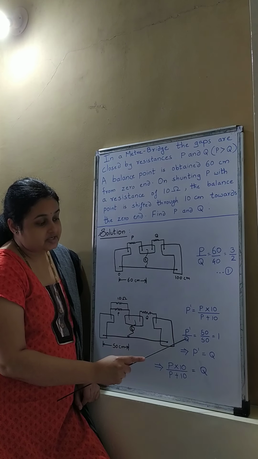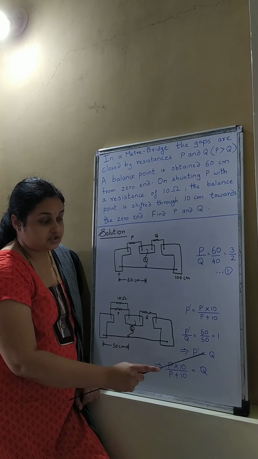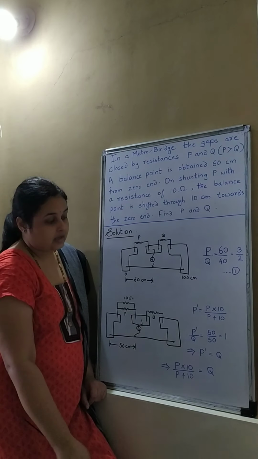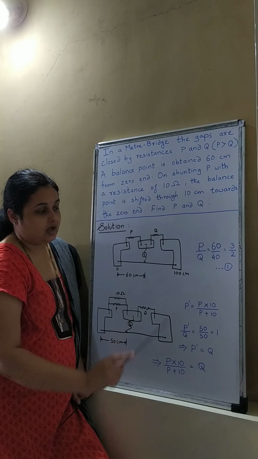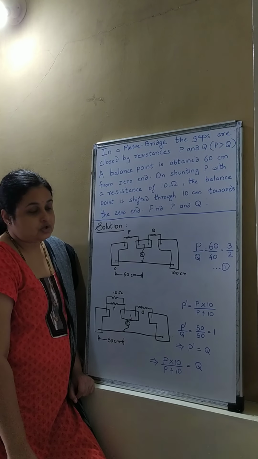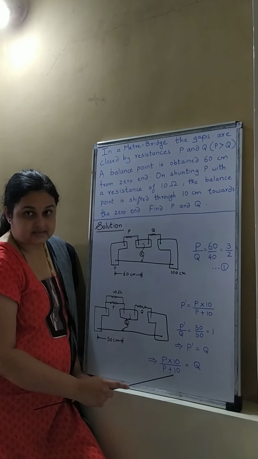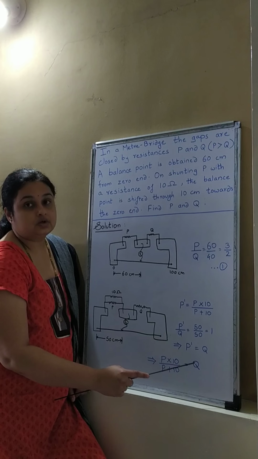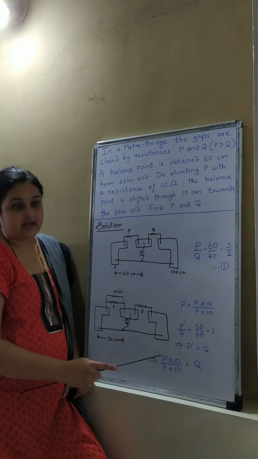So P dash upon Q is equal to 1. So I can say that P dash is equal to Q. And what was P dash? P into 10 upon P plus 10. So I get P into 10 upon P plus 10 is equal to Q. This is the condition that we have got.